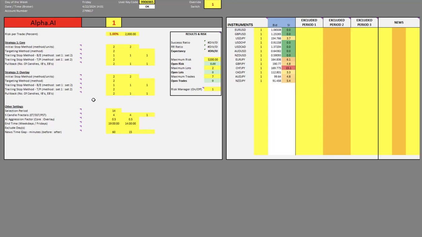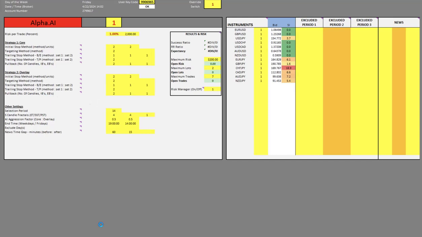At the moment, the functionality isn't in here for being able to trade one and not the other. It's our recommendation that you do trade them both together. But if you do want to only trade core or only trade overlay, then first of all, let us know, or in future versions, you'll probably see an option in here to be able to switch each one on or off. Okay, we've spoken about the other settings in the previous training, so that should be pretty clear.